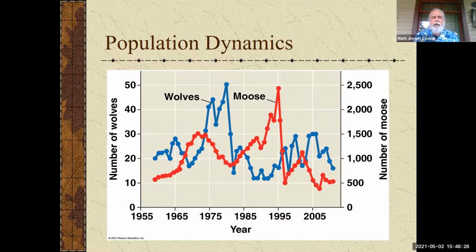And it turned out a lot of it was the quality of food and weather. The wolves are obviously a factor. You can see the wolves exploded and then took them down a bit. And then when the wolves were low, the moose were up. And sometimes it correlates fairly well. So it's not just the wolves and moose having a direct effect on each other.